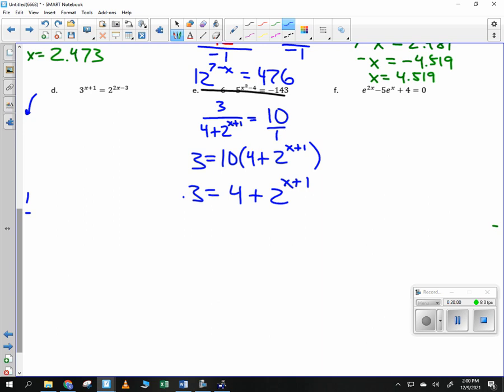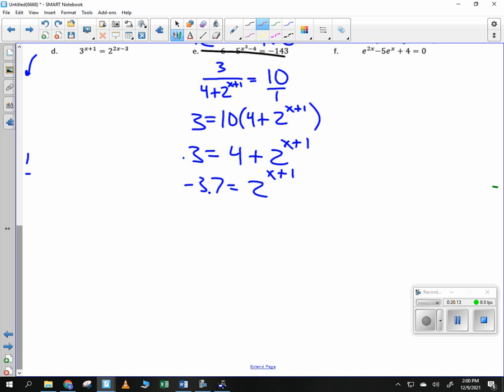Now what? So negative 3.7 is equal to 2 to the x plus 1. I do what? Log base 2 of both sides, so log base 2 of negative 3.7 is equal to log base 2 of 2 to the x plus 1. And then you see the exponent, so that goes away, leaves me with x plus 1.